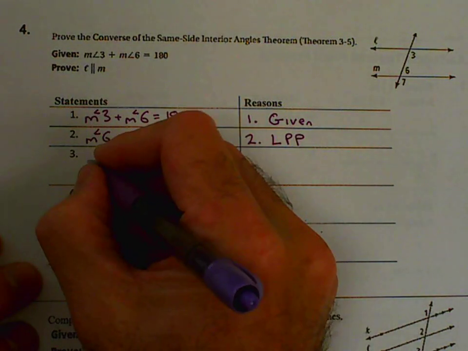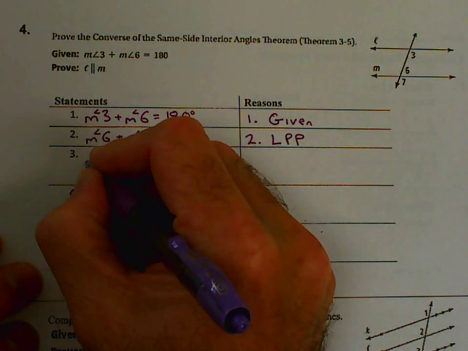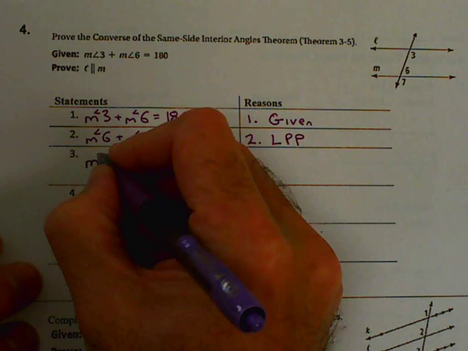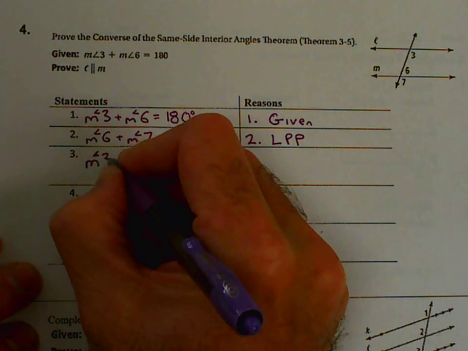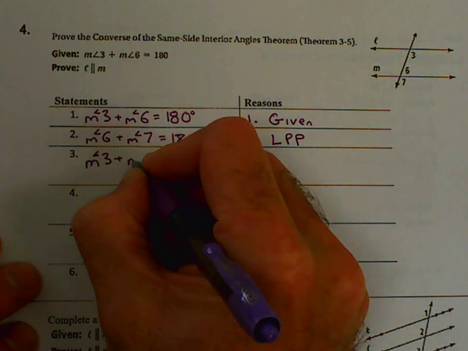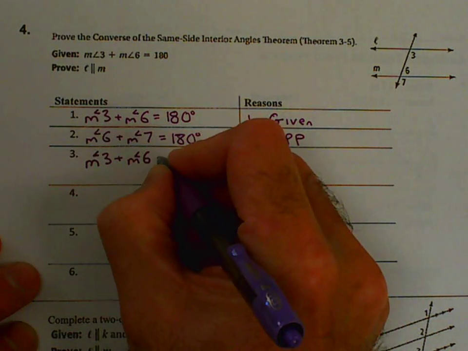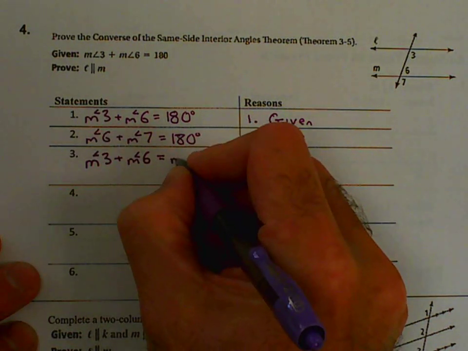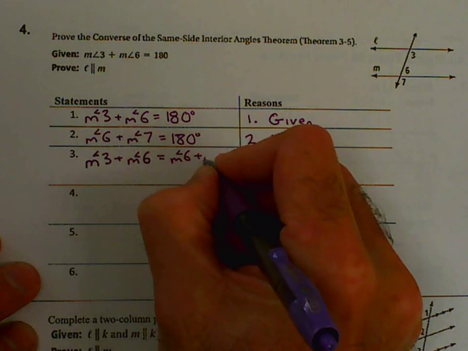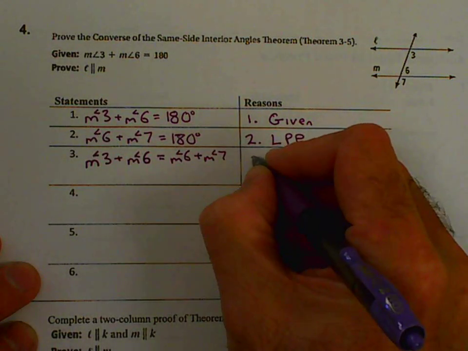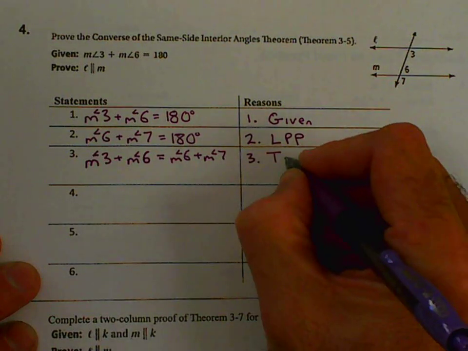They definitely can interchange a little bit. Transitive is a little more specialized term, and in this case it would work. Measure of angle 3 plus measure of angle 6 adds up to the same as the measure of angle 6 plus the measure of angle 7, and that's by the transitive property of equality.